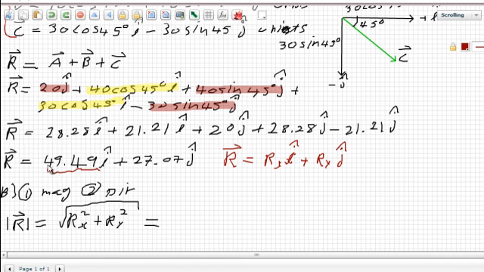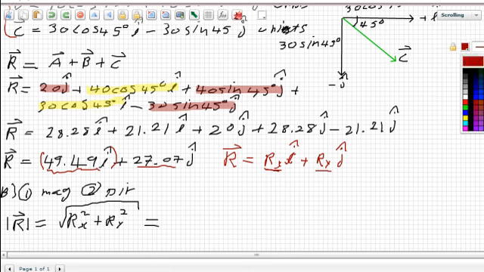So our rx here is 49.49 and our ry is 27.07. So we're only dealing with the magnitudes of these components, right? This whole thing is called a component because it includes the magnitude, which is the number, and the direction, which is the i. But when we want to get the magnitude of a vector, we're only concerned about its magnitudes, that is the rx and the ry.